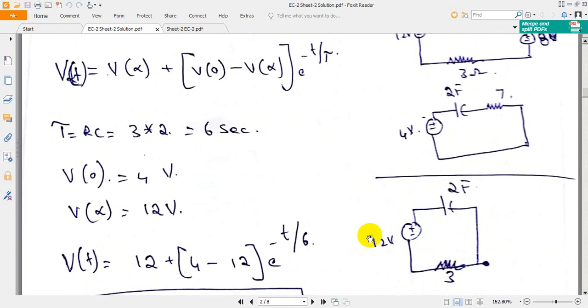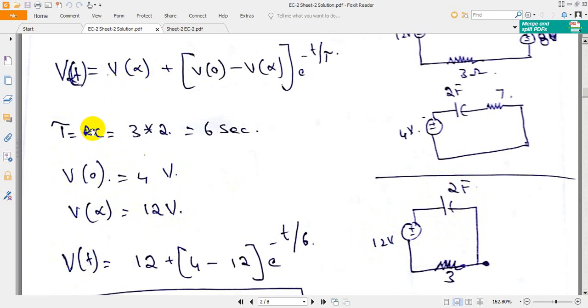This forms your circuit, 12 volts. After t is equal to 0, the infinity voltage across this under stable condition will be equal to the supplied voltage. So V infinity is equal to 12 volts, and V naught is 4 volts.